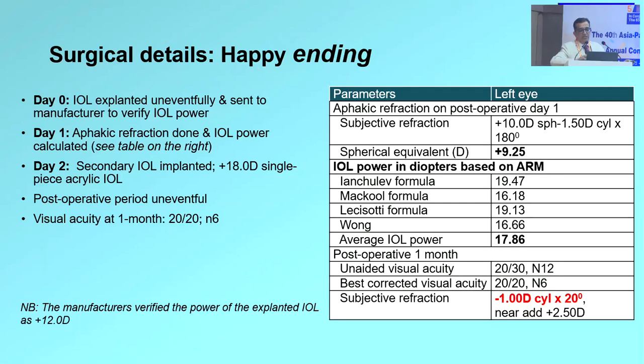Based on that we calculated a power of around 17.86, so we implanted an 18 diopter monofocal lens, and at 1 month we got a cylinder of -1 diopter and no spherical error. The explanted IOL was sent back to the manufacturers, and they said it was 12 diopters, so it was not an error in the IOL power labeling.